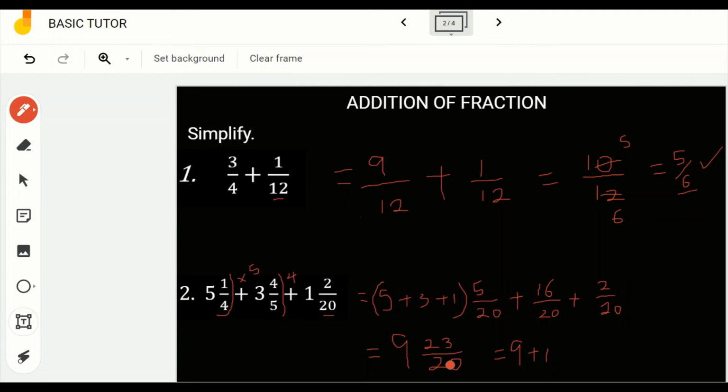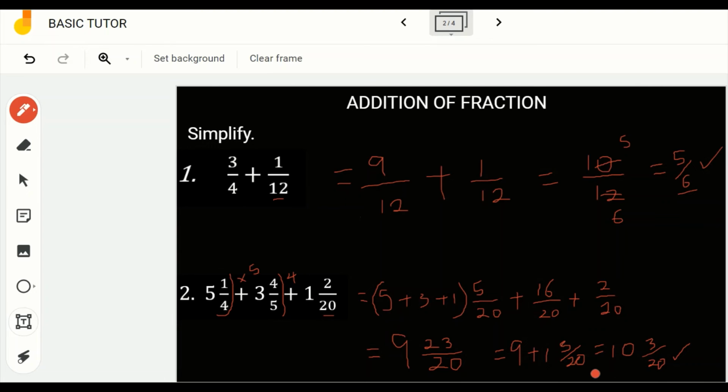So when 20 divides 23, we have one whole number, remainder 3 over 20. Alright, so therefore I can say 9 plus 1 is 10, then 3 over 20. This is our final answer.